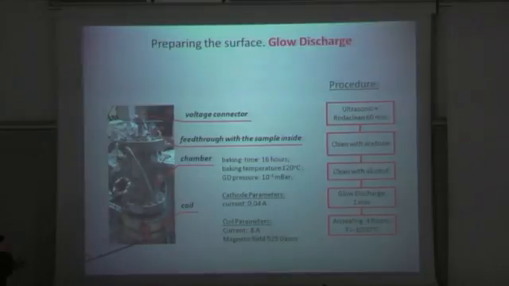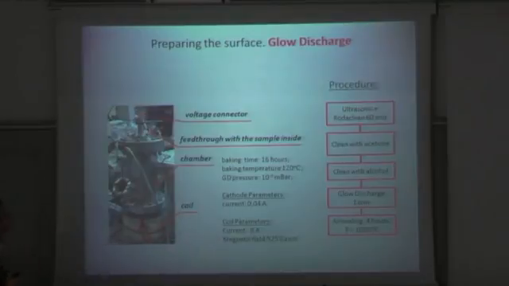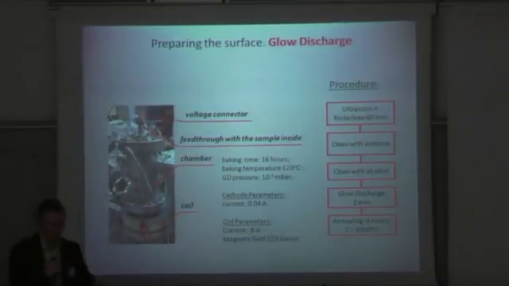For creating the magnetic field, we use an external coil. Here are the parameters of the process and the procedure. After glow discharge, all samples were dipped into the molten tin and annealed with an external furnace at 1000 degrees centigrade.